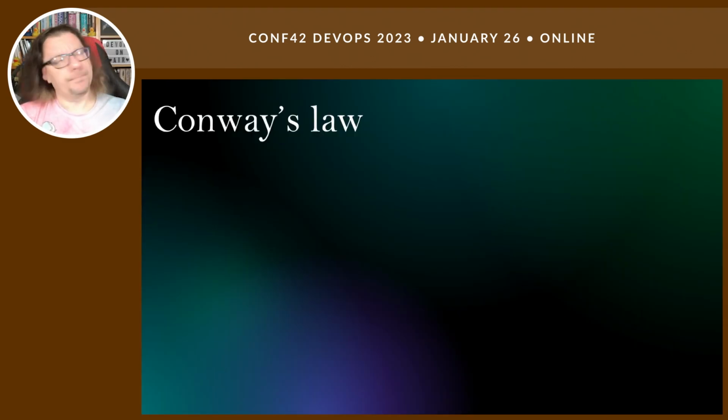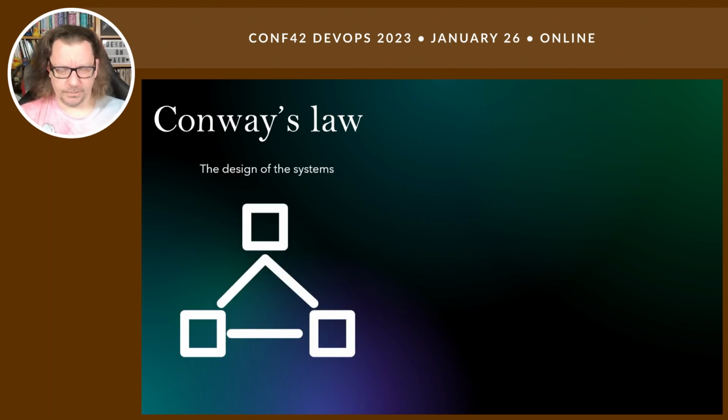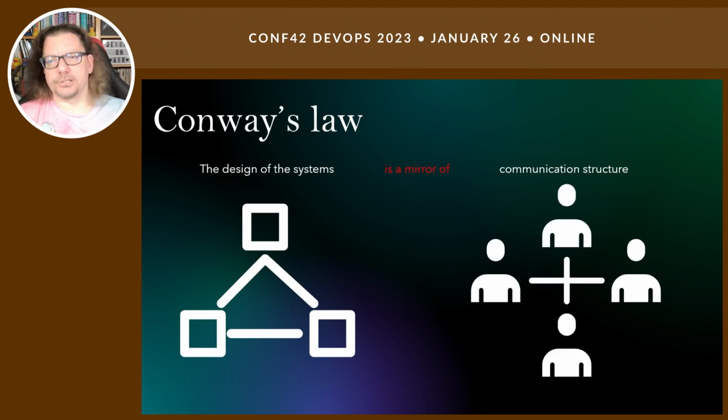What is Conway's law? To explain it in simple terms, I will say that the design of the system, so what we develop and how we develop it, is a mirror of the communication structure inside the organization. What does it mean?